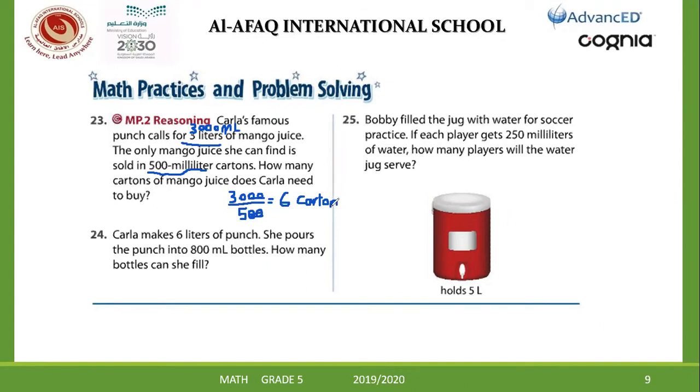Okay. So first, if you want to separate these 6 liters in bottles, each one holds 800 milliliters, you get the number of the bottles by using which operation?